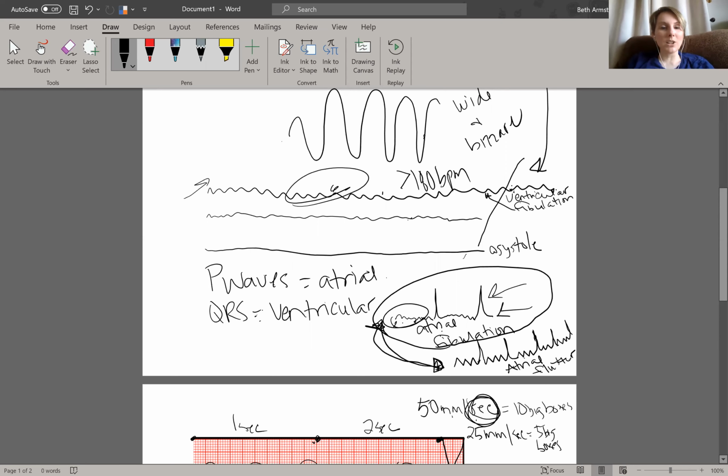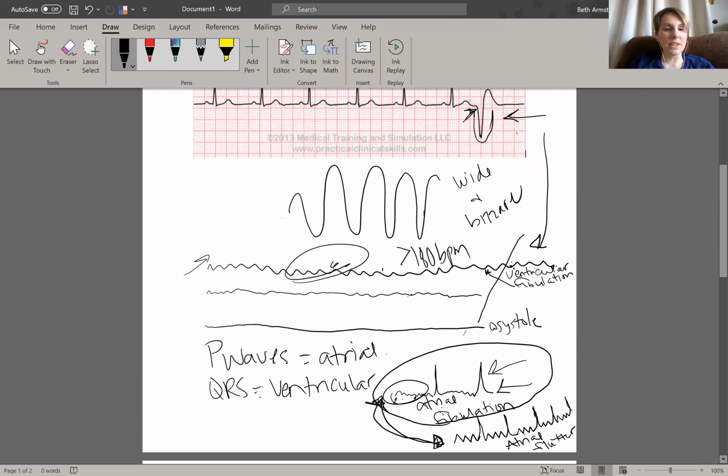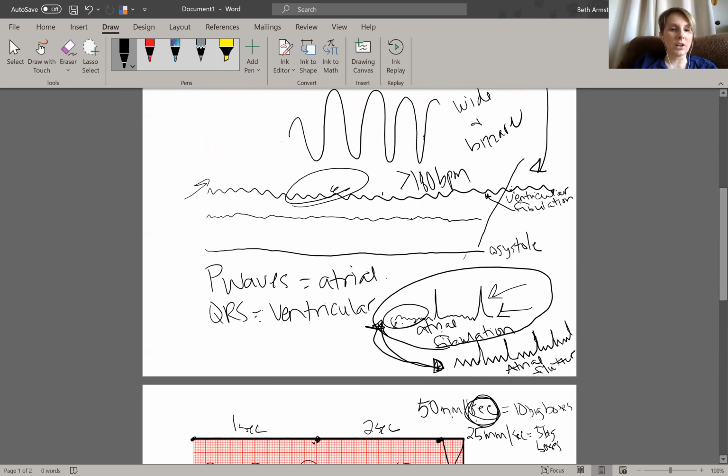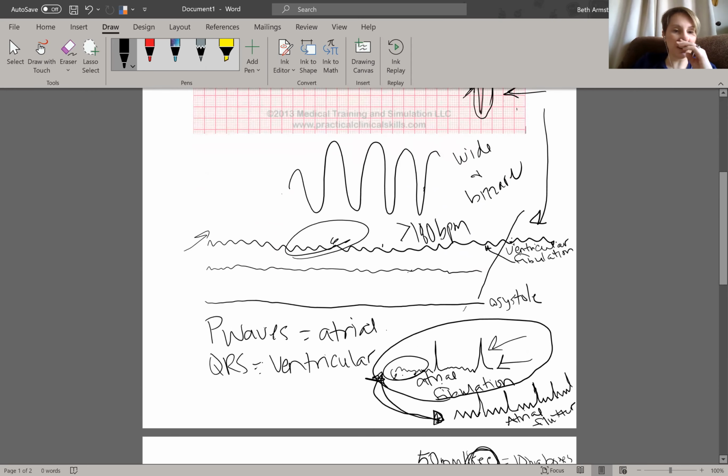And then remember your main drugs that you want to do. We can get into your main drugs to start. So you're going to start with your epinephrine, the first drug that you're going to want to give, right?